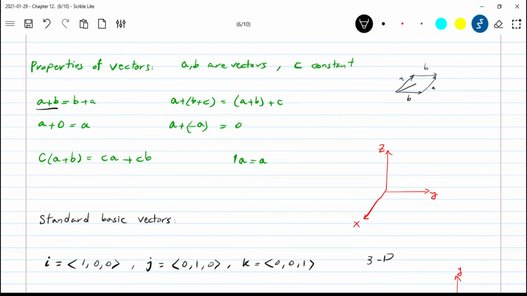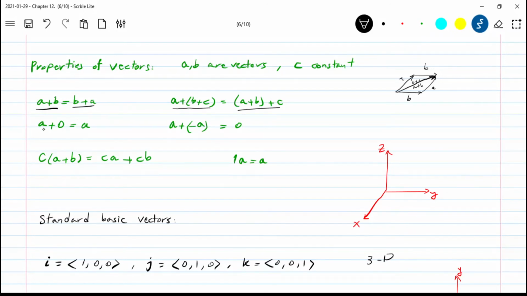You will still end up with the same a plus b. They are the same thing. So rearranging the order of addition doesn't make any difference.